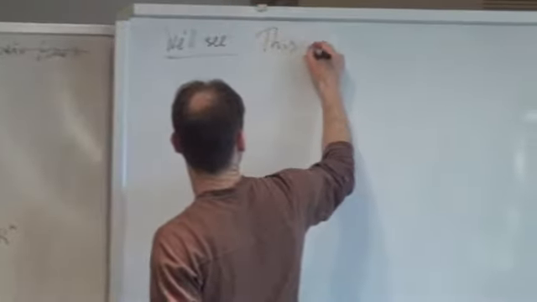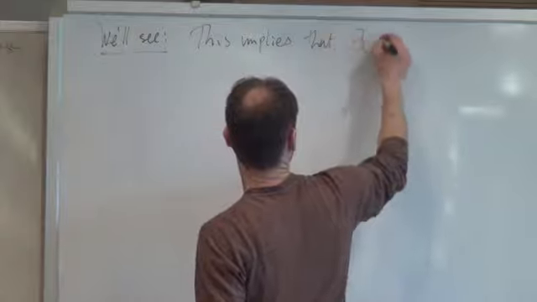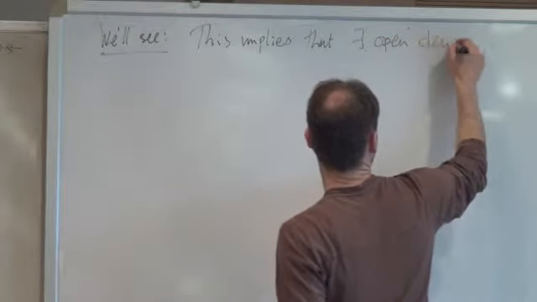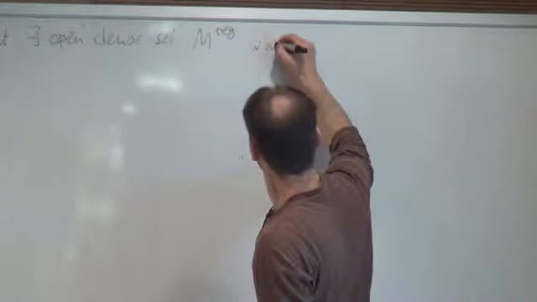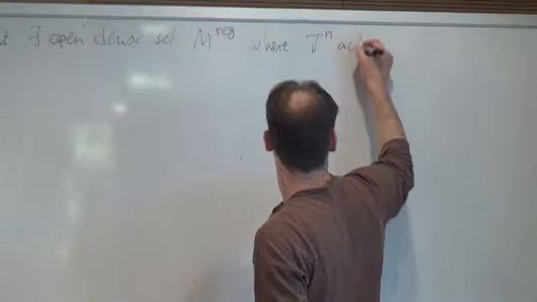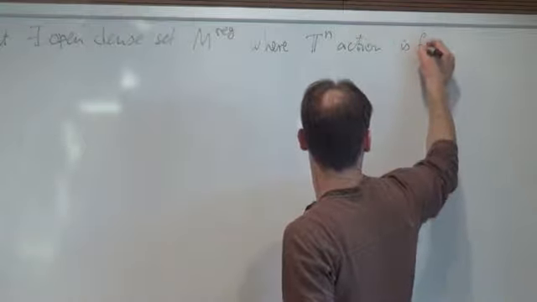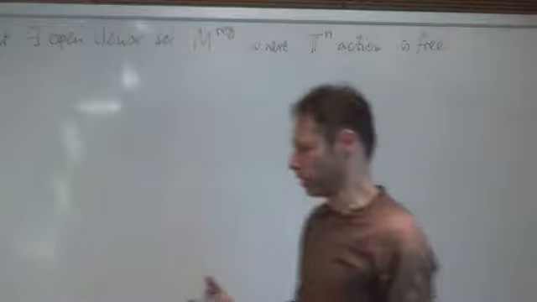This implies that there exists an open dense set, I'm calling it M regular, where the T^n action is free. This is because the torus is abelian. There are examples of group actions where the action is effective, but the action is not free in an open dense set.